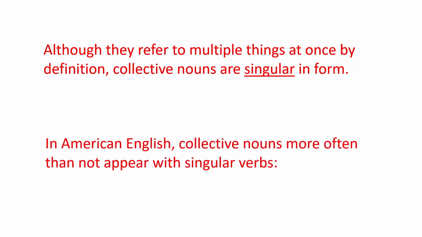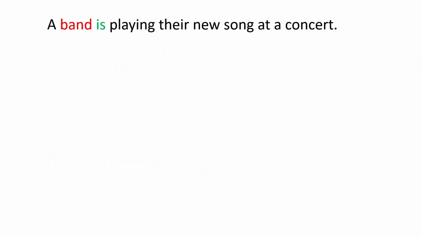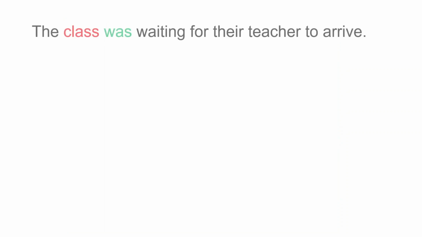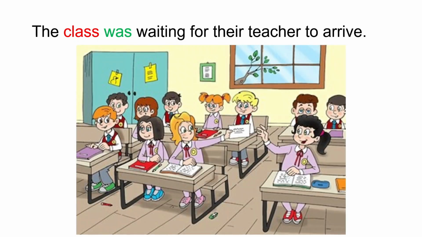In American English, collective nouns more often than not appear with singular verbs. For example, a band is playing their new song at a concert. They are acting as one. The class was waiting for the teacher to arrive.